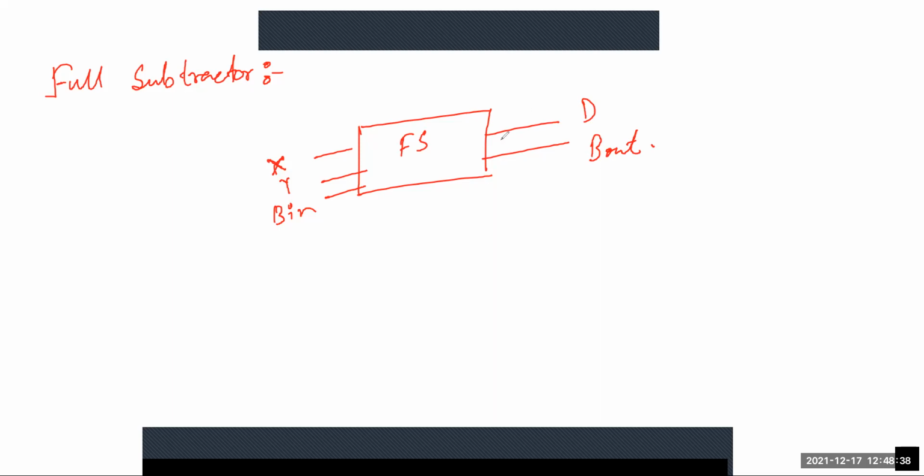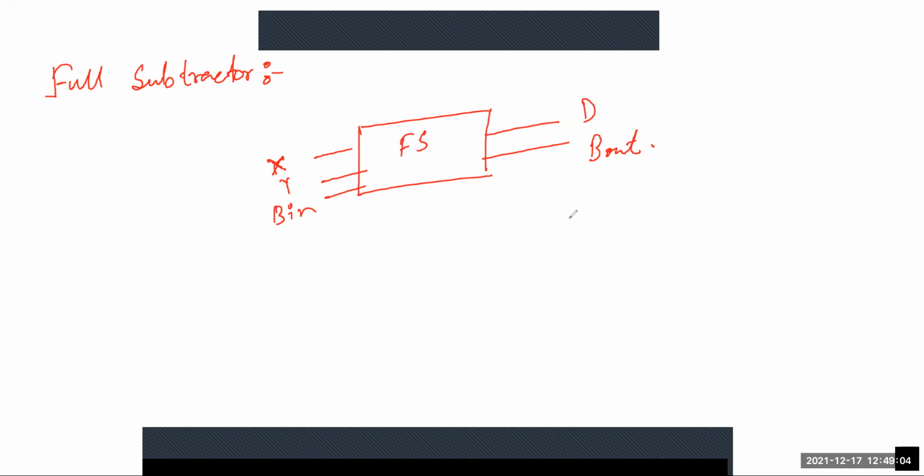Here you can see there are 3 inputs, that is X, Y, and B in, and 2 outputs, that is D for difference and B out for the borrow out. From these 3 inputs we will get 8 combinations.